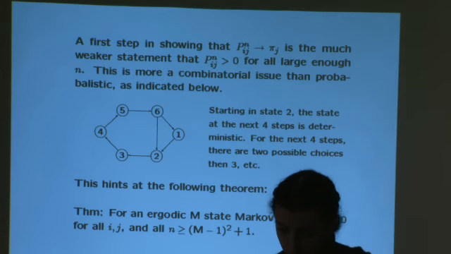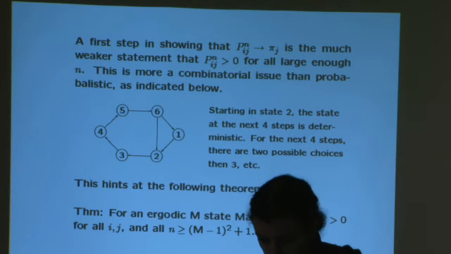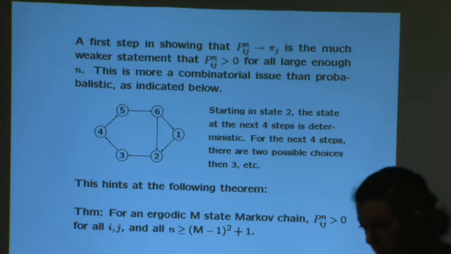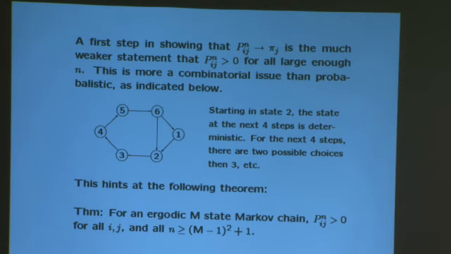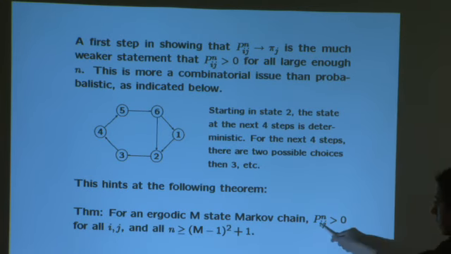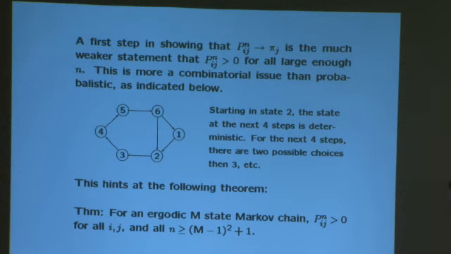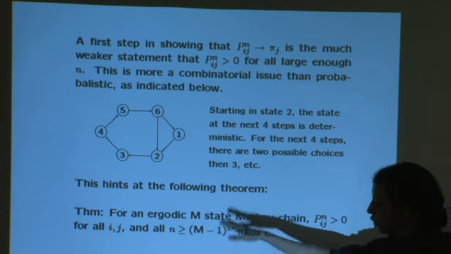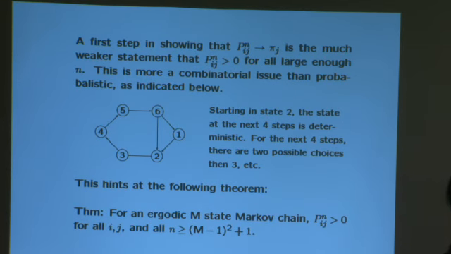This is more of a combinatorial issue, but there is a theorem here which says that for an ergodic Markov chain, for all n greater than this value, I have non-zero probability of going from i to j. The thing you should be careful about here is that it holds for all n greater than this value.